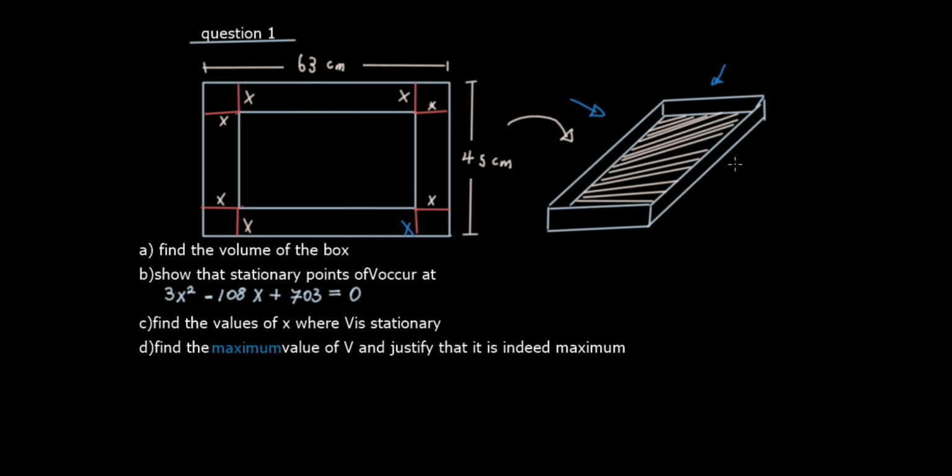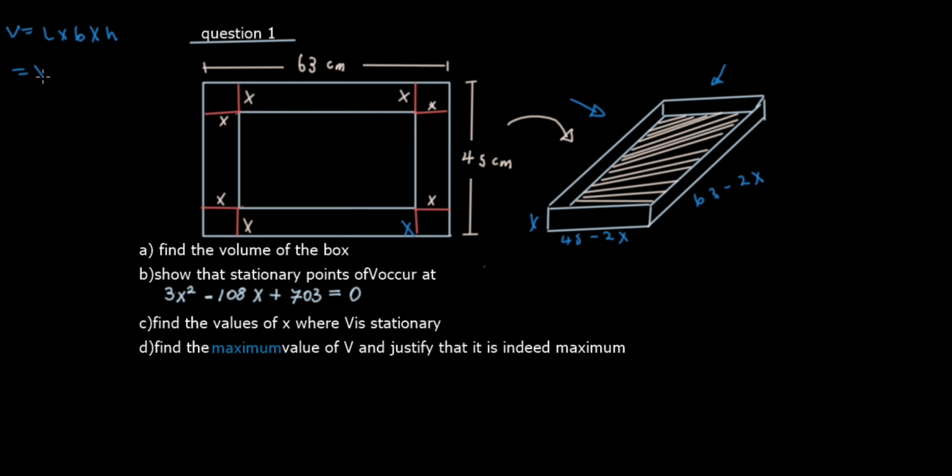It means firstly you have to determine the dimensions. Here it could be x, here could be 45 minus 2x, 63 minus 2x, and then you know the volume equals L multiplied by B multiplied by H.